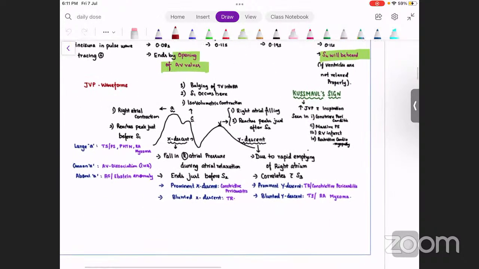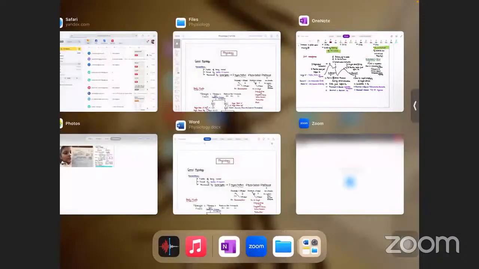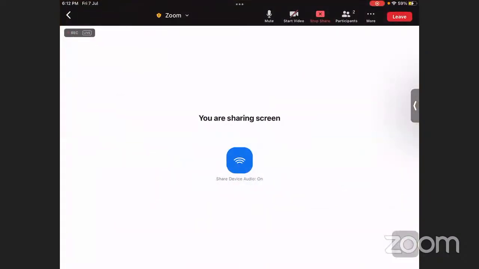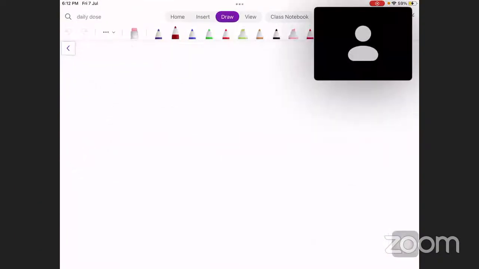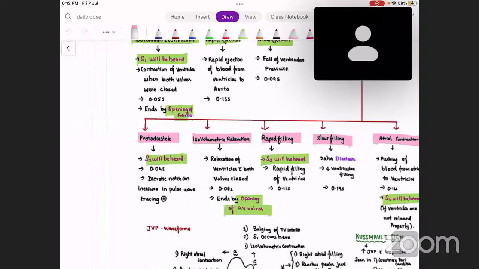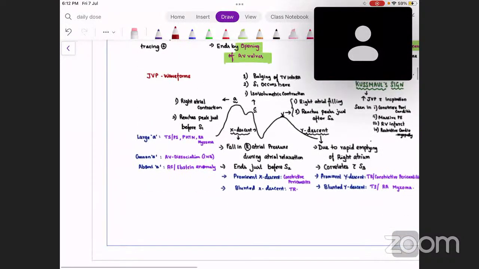Then you are having the JVP. So speaking about the JVP waveforms, we will do the JVP waveforms now. JVP waveforms is also one of the high yield areas that you should not miss. Let me put this here.